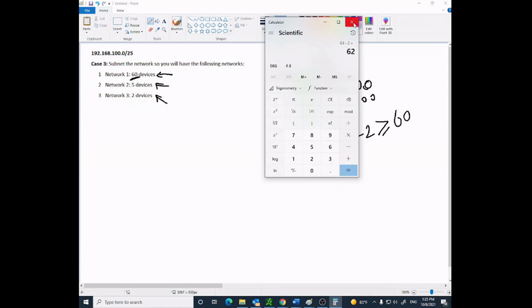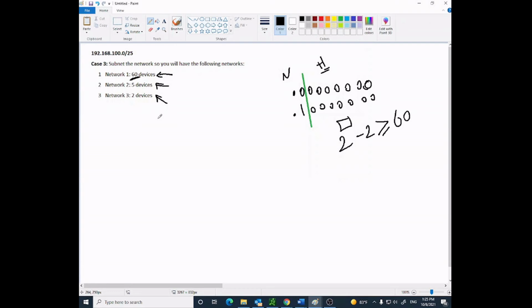So yes, I basically need to keep 6 bits to be able to get 60 different devices. Let's go ahead and do the calculation here: 1, 2, 3, 4, 5, 6. Those are my 6 bits. And that means I'm going to have to draw a new line, and that new line is going to be here. So based on all of that, I have 1 bit that I need to borrow to create a network that will provide me with 60 different devices.